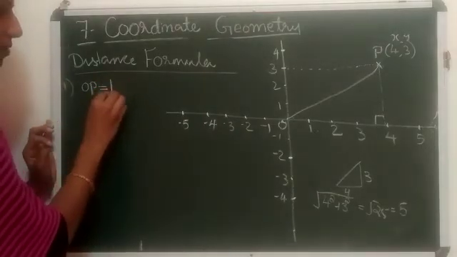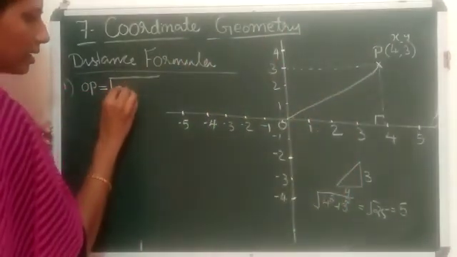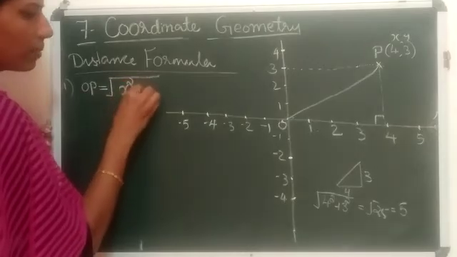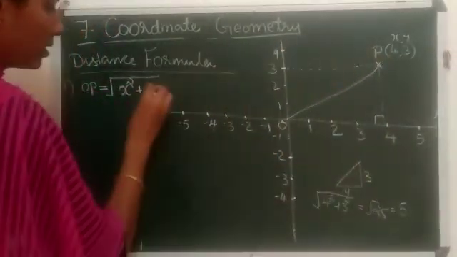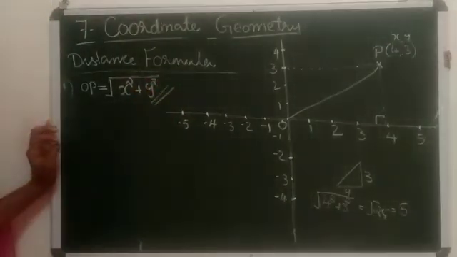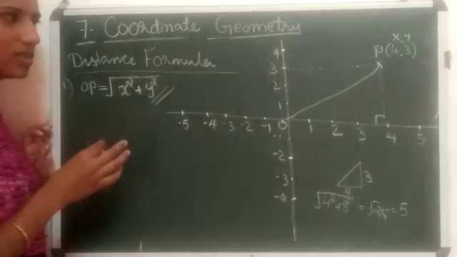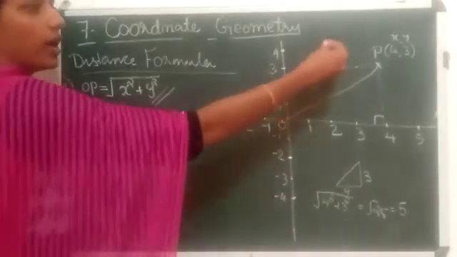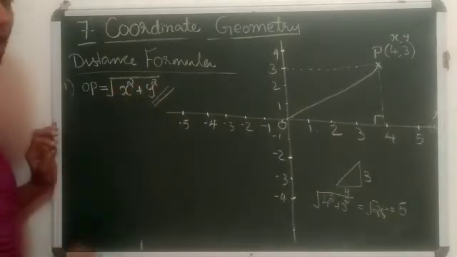Instead of 4 we have x and instead of 3 we have y. So OP is equal to square root of x square plus y square. So this is the first equation we need to learn in this chapter under distance formula, that is the distance from origin to any point on the plane. Clear? So this is the equation.